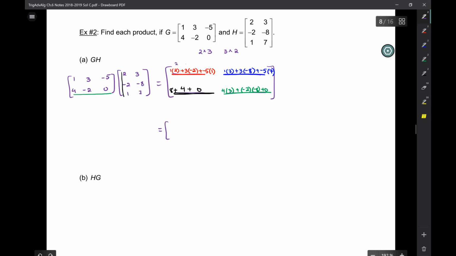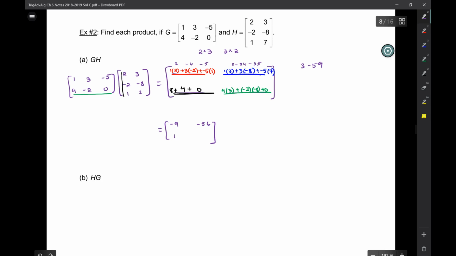So finally, what do I have? 2 minus 6 minus 5, negative 9. Next to it, we have 3 minus 24 minus 35. So 24 and 35, those are the two negatives. 24 and negative 5 is 59. 3 minus 59, negative 56.